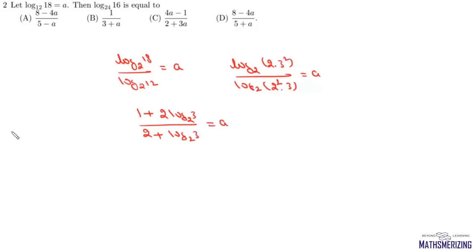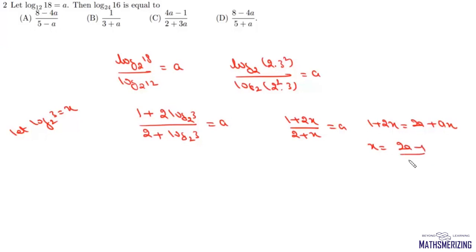Now what we'll do is we'll take this log 3 base 2 as some x. Then we can simply write 1 plus 2x upon 2 plus x equals a. If we cross multiply, we'll write 1 plus 2x equals 2a plus ax, that is, the value of x is 2a minus 1 upon 2 minus a.